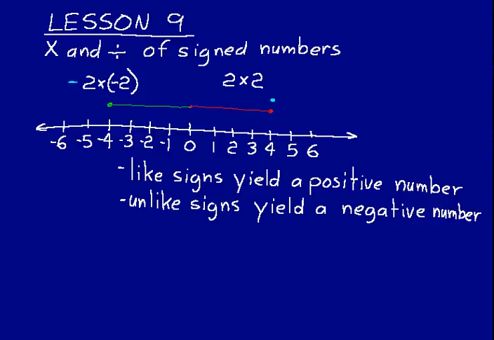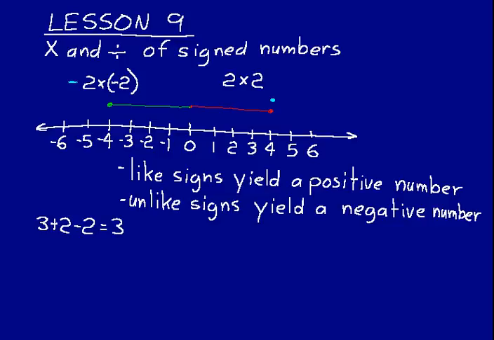Now, division of signed numbers is a little bit more complicated to describe compared to multiplication, where we can just use a number line like that. Compare multiplication and division to addition and subtraction. For example, if I had 3 plus 2, that equals 5, I could just undo that addition by subtracting 2, and I would get back to 3.